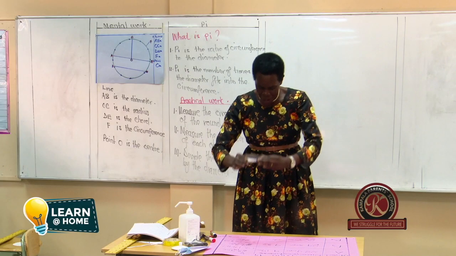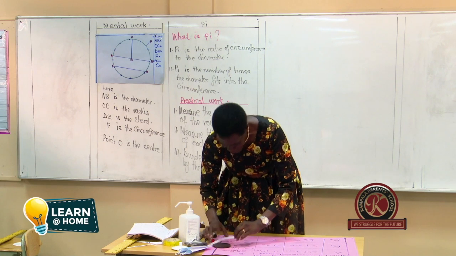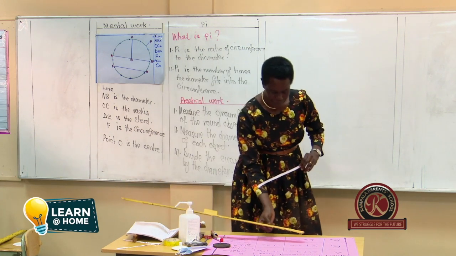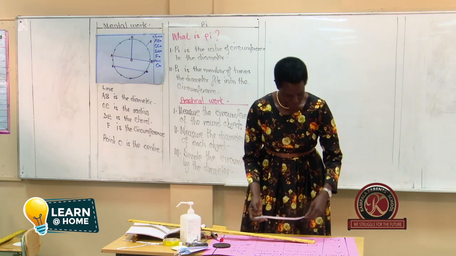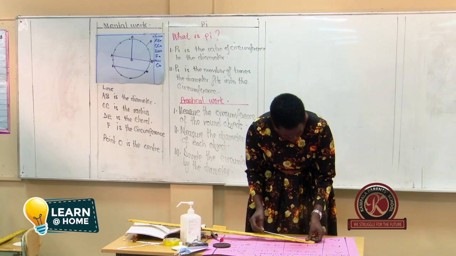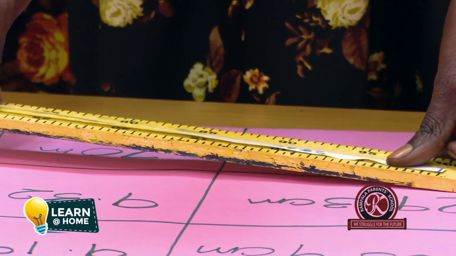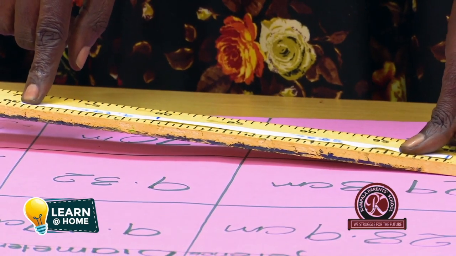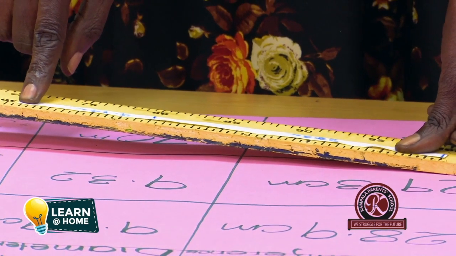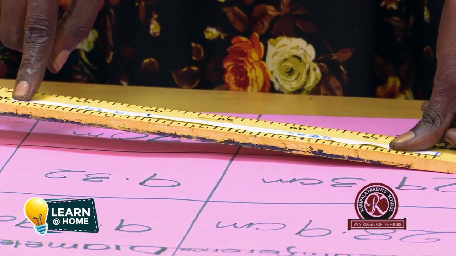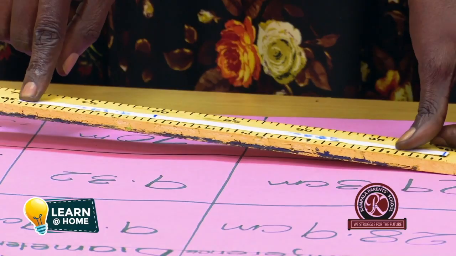So when I remove it from there, I will place it on a ruler. It will give me 28.9 centimeters. 28.9 centimeters, and that is the circumference.